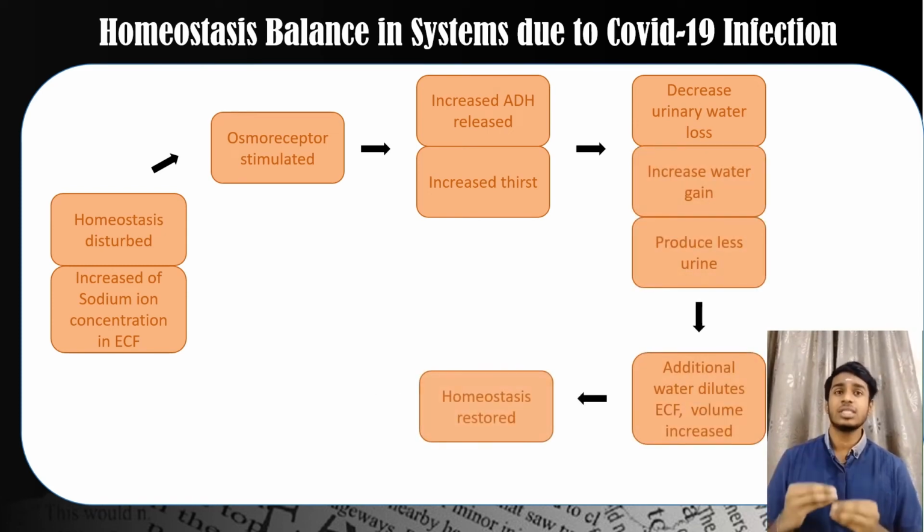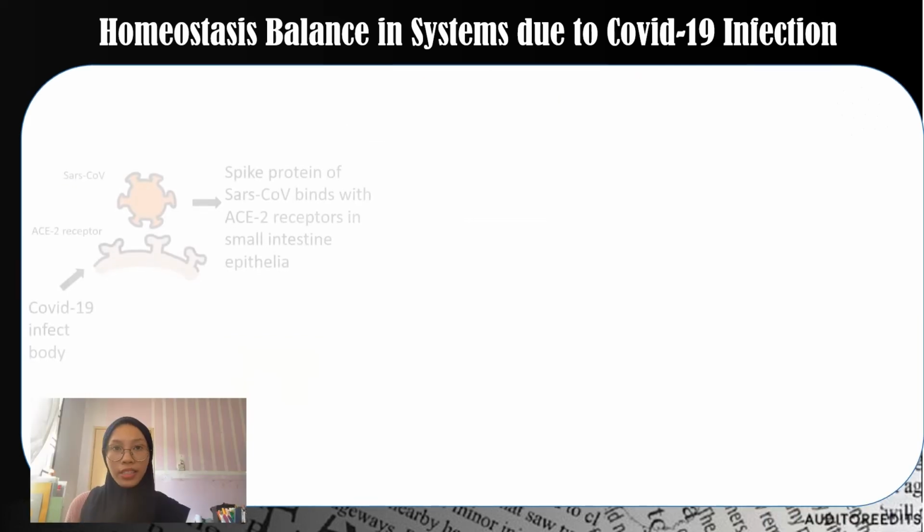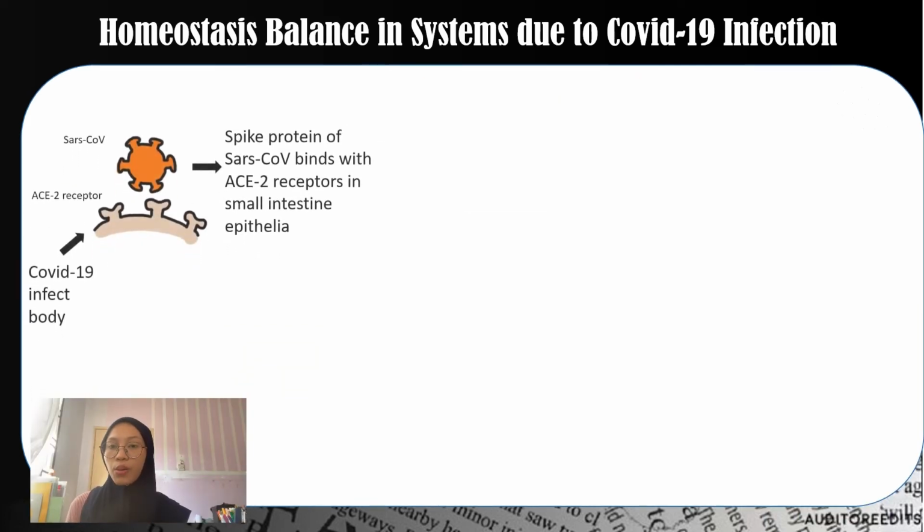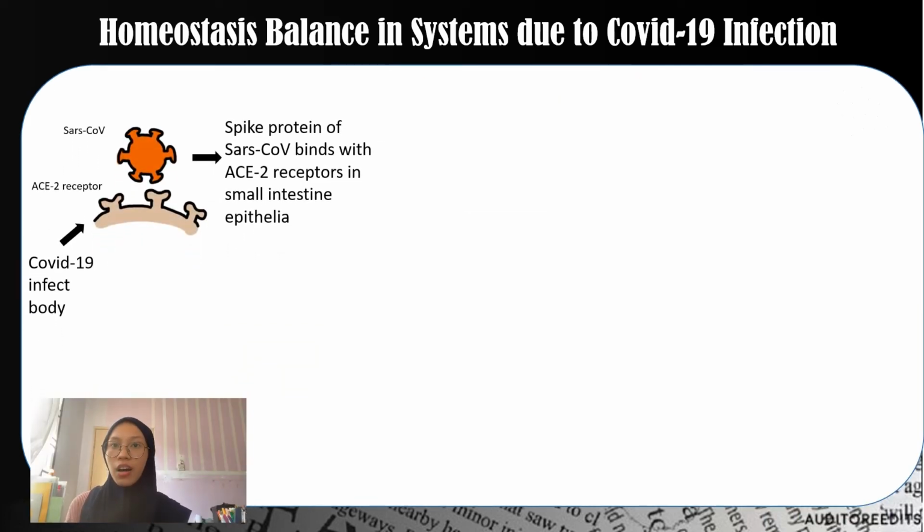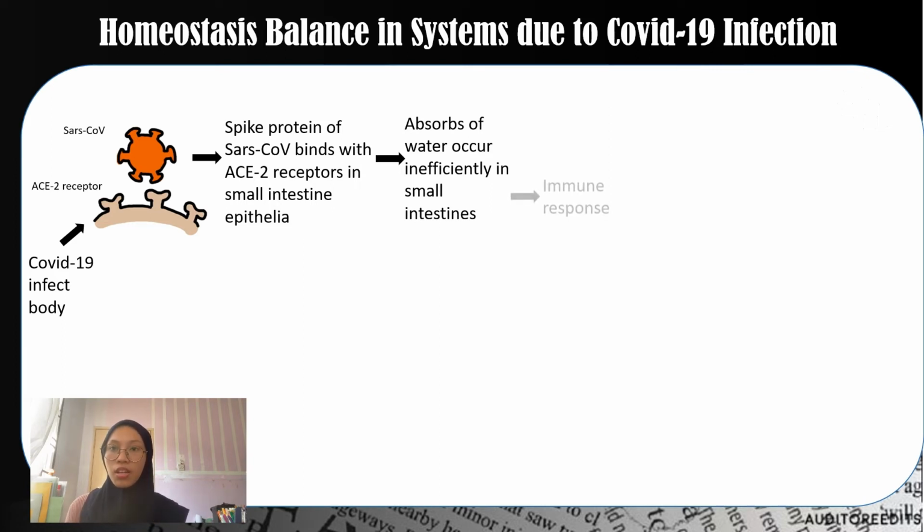SARS-CoV-2 infection causes inflammation. Actually, the spike protein of coronavirus binds with the ACE2 receptors in the small intestine epithelia. So this binding of the spike protein of the virus to the ACE2 receptors will lead to inefficient water absorption in the small intestine. So this will lead to the immune response.